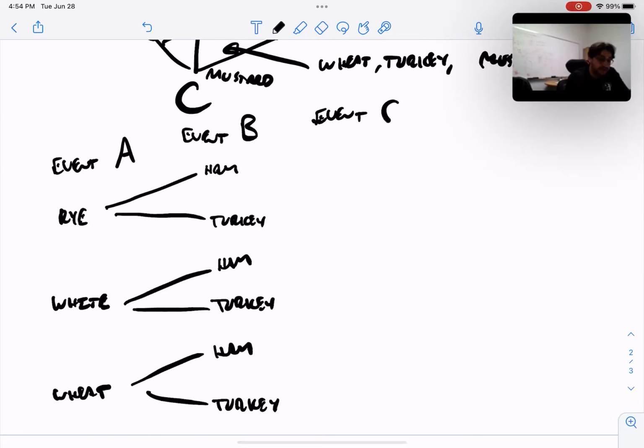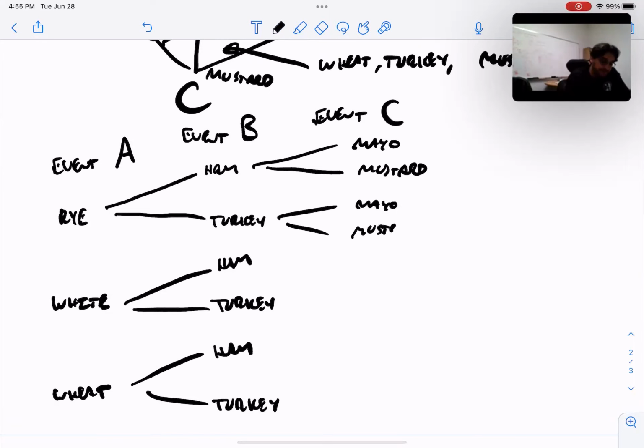That then takes me to event C. With event C, I can pick mayo or mustard from the choice of rye and ham. I can pick mayo or mustard from the choice of rye and turkey. I can pick mayo and mustard from the choice of white with ham, and so on. So I get mayo and mustard for each of these.